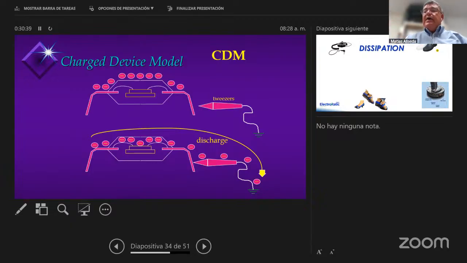Then the SMT machine touches the device, so the energy goes through the device to ground. That is also an ESD event. If the SMT machines are not grounded when they touch the device, that is the machine model. So these are different types of damage that we can control inside production.